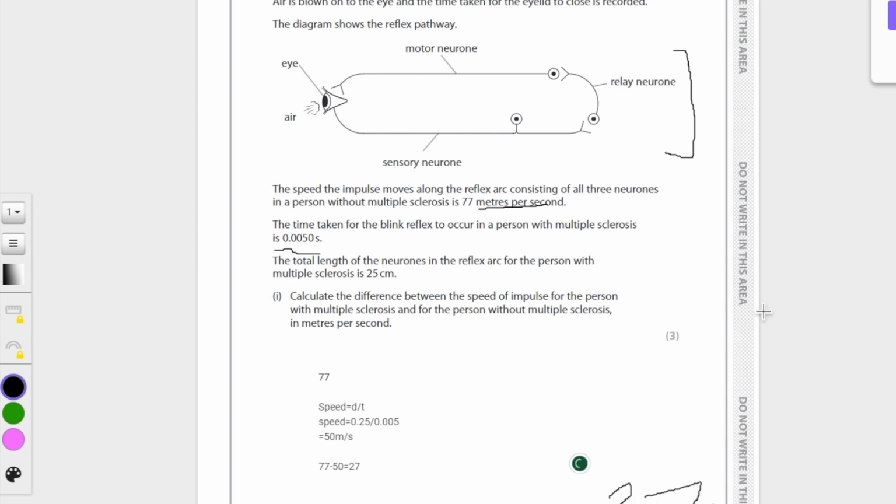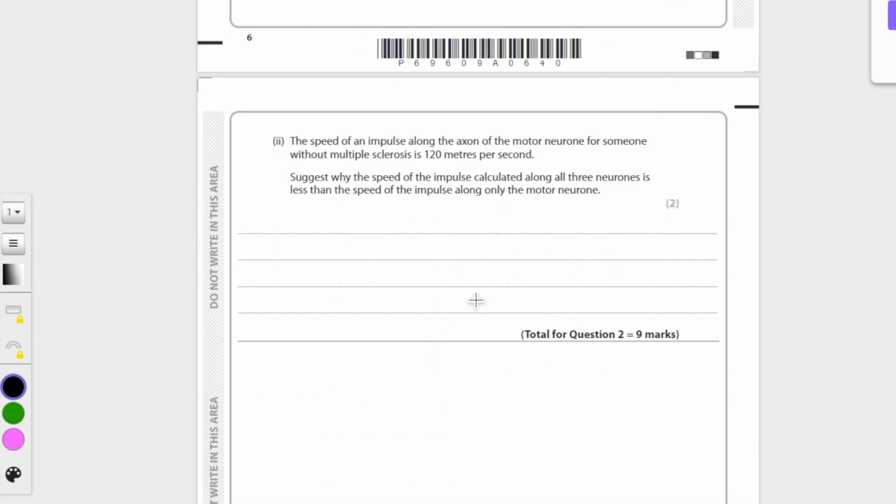The speed of an impulse along the axon of the motor neuron for someone without multiple sclerosis is 120 meters per second. So suggest why the speed of the impulse calculated along all 3 neurons is less than the speed of the impulse along only the motor neuron.